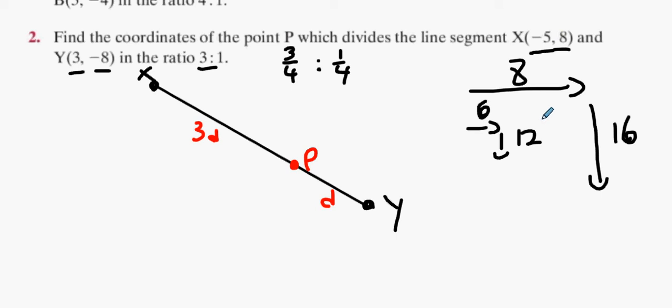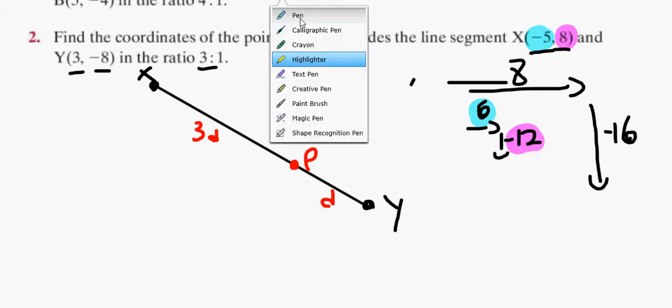Why are you taking away 12? Because you're going from 8 down, it's minus 16 because you're going downwards. So what's the answer then? Add on 6 to minus 5 and add on minus 12 to 8. What do you get?